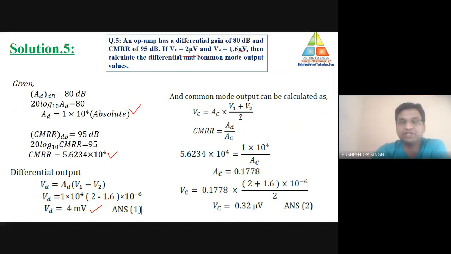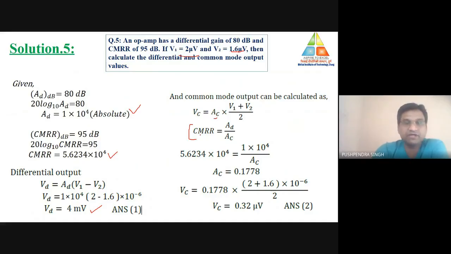So for the calculation of common mode output voltage, V0 is equal to AC into VC. It's actually V0 in case of common mode output. So output is equal to AC into the average of two input signals, V1 plus V2 divided by 2. So first of all, we need to calculate this value of AC. For the calculation of AC, we are using this equation of CMRR. CMRR is nothing but AD divided by AC. Already we have calculated the value of AD, 1 into 10 to the power 4.